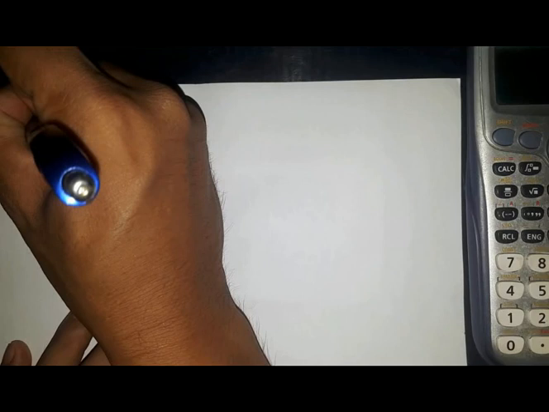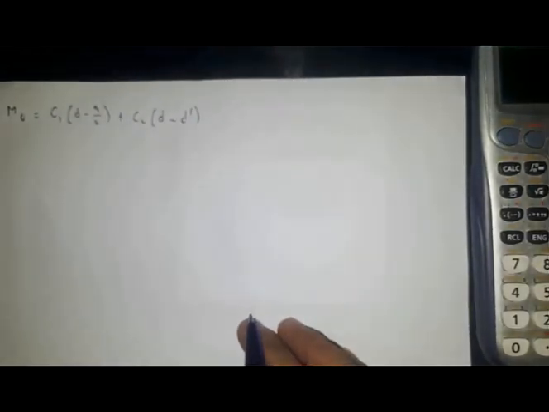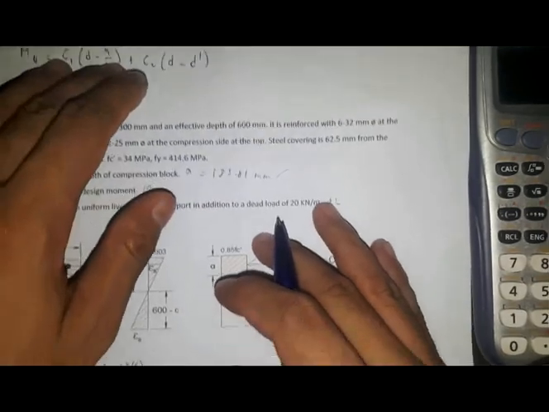mu is equal to C1 times D minus A over 2 plus C2 times D minus D prime. So, saan galing yan? So, galing yan dito.